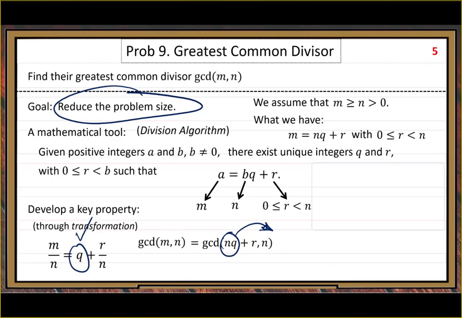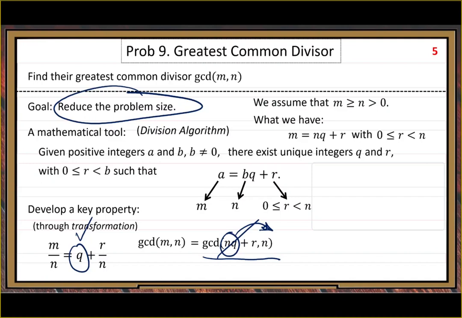Based on this observation, we can make the simplification on this formula. That means this term can be dropped. nq is gone. Not necessary. When we consider greatest common divisor, that divisor multiple term has nothing to do with the greatest common divisor.